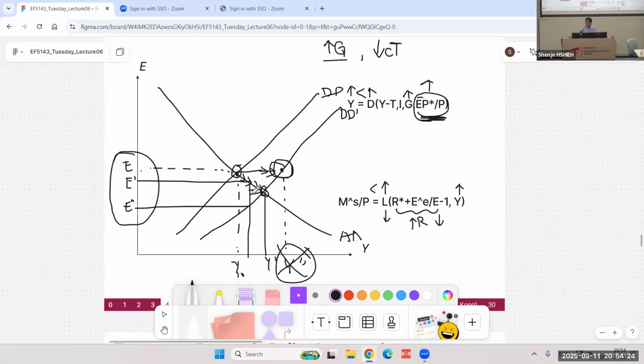As we move along the A schedule, E has to decline in order for output to increase. But as long as the E on the A schedule is greater than the E double prime on the DD schedule, output still increases because Q is positive. It's different than before. Q is higher. Higher Q means higher output, means higher Y, et cetera, et cetera.